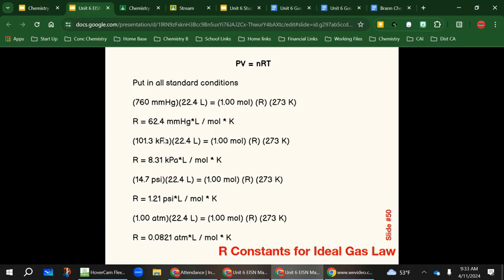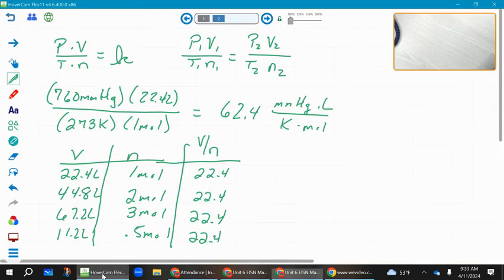So now what this means, ladies and gentlemen, is we do not have to hold a single thing constant. And yet we always have something to compare to. This comes from this, correct? We did this with every single one of our gas laws. Every single one. But now, this whole thing here becomes that R value that we were just talking about.